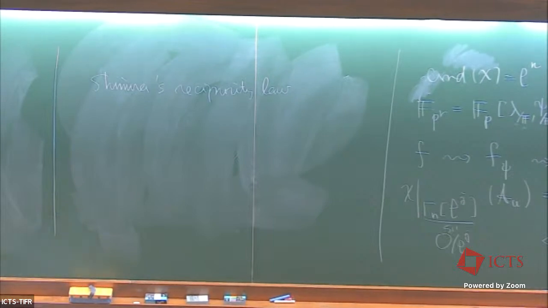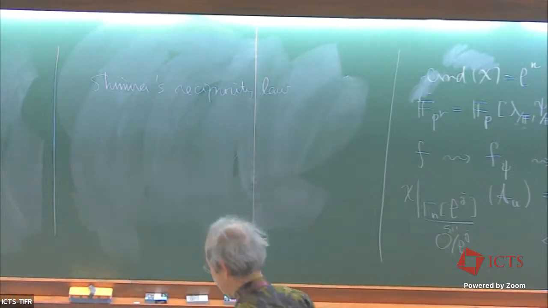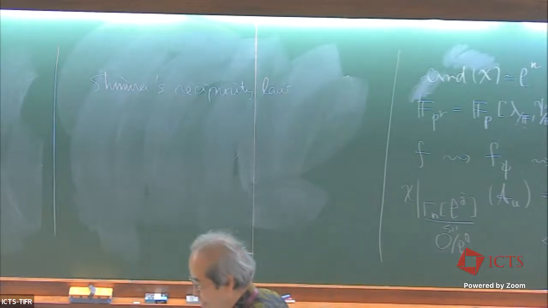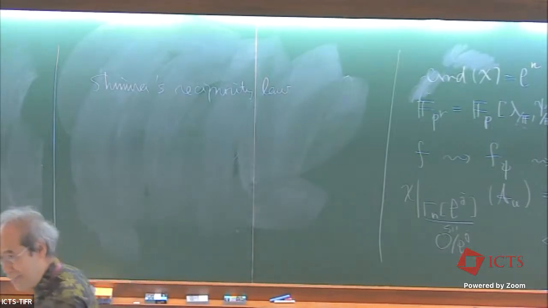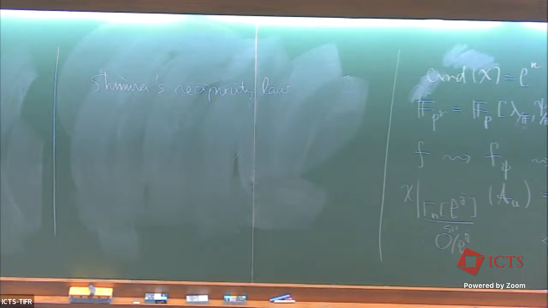Okay? And Deligne also essentially used that to characterize his Shimura variety. Shimura's Shimura variety and Deligne's Shimura variety are kind of different, though they describe the same thing, with a different formulation.